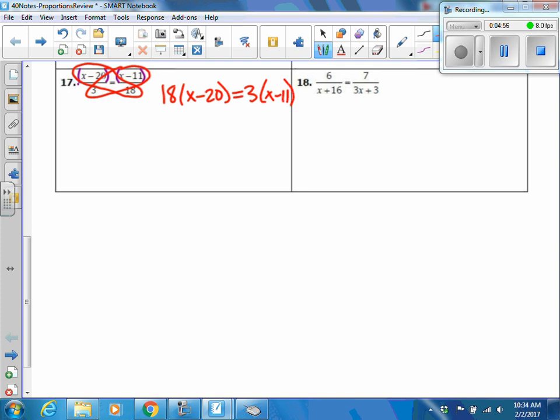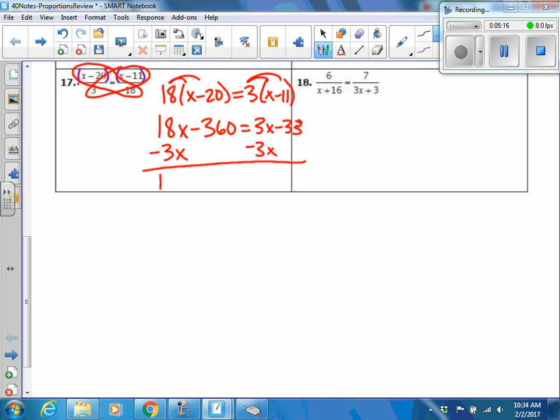We've got parentheses on both sides, so we're going to be doing a lot of distributing. This first one will give me 18x minus 360, and then 3x minus 33. I'm going to subtract the 3x so that my x term stays positive on that left side. 15x minus 360 equals, be careful with that because that is a negative 33 that needs to come down.